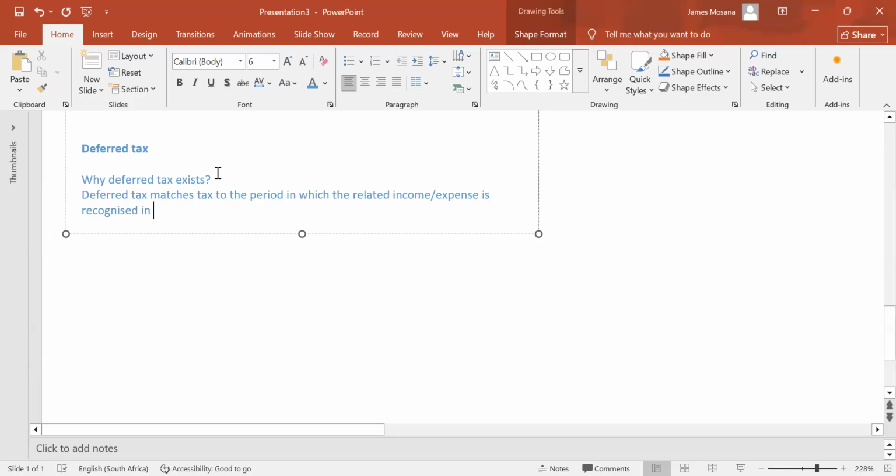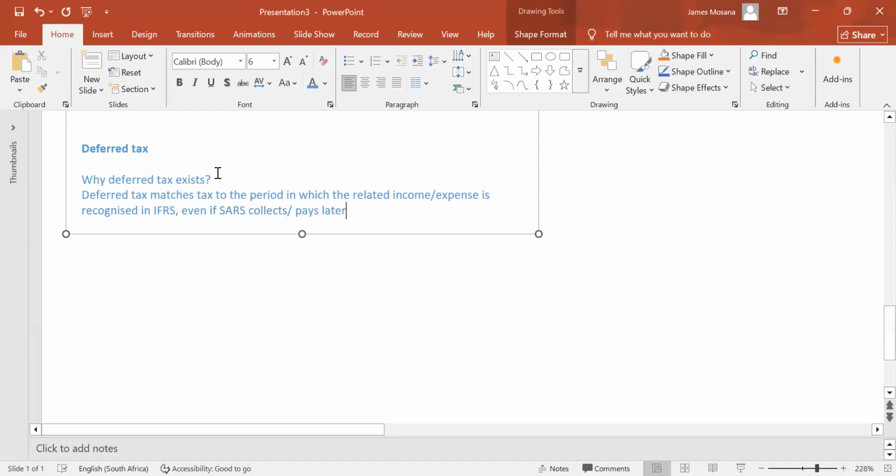Right. So obviously this would be in IFRS. So this would be the case even if SARS collects or pays later. Right. So that would be the case.